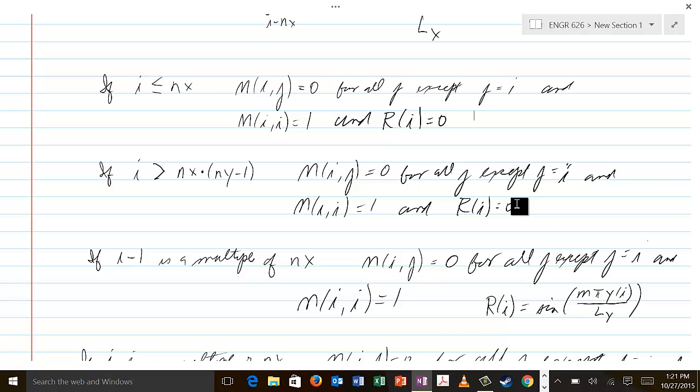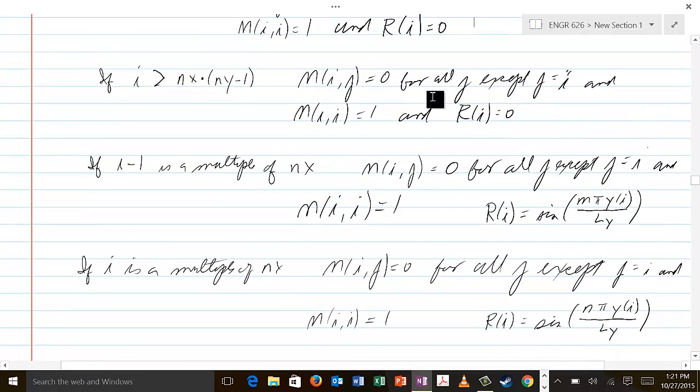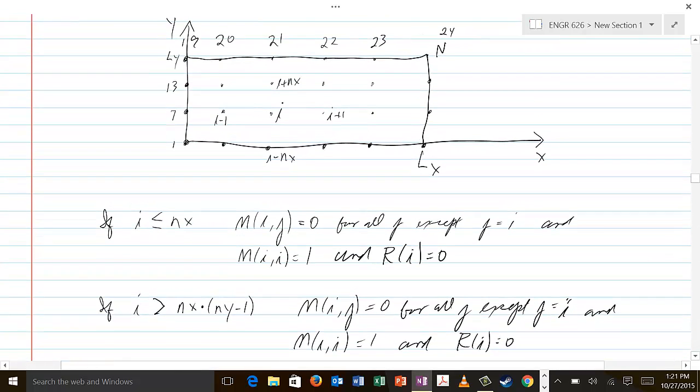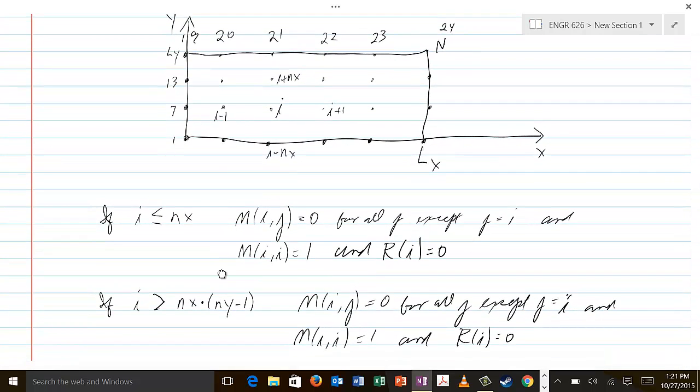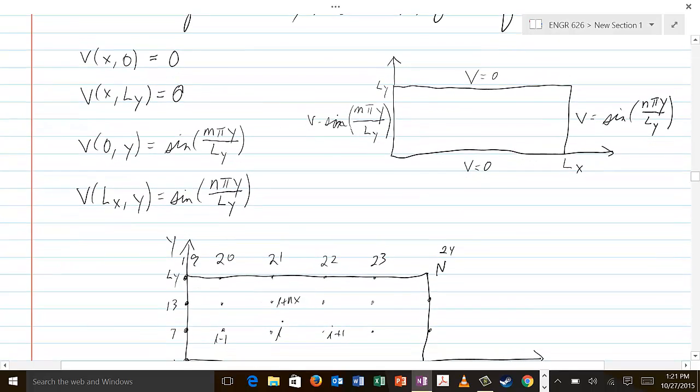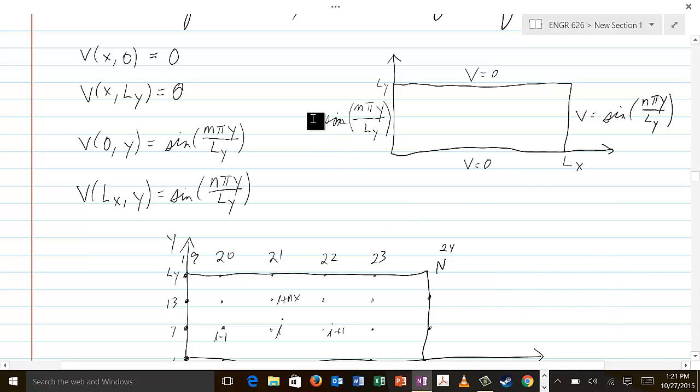Now, let's proceed. It says if I minus 1 is a multiple of nx. Well, if I minus 1 is a multiple of nx, let's think about that for a moment. That would describe the nodes along the left boundary. And remember, along the left boundary, we had the boundary condition that v is equal to sine of m pi y over ly.